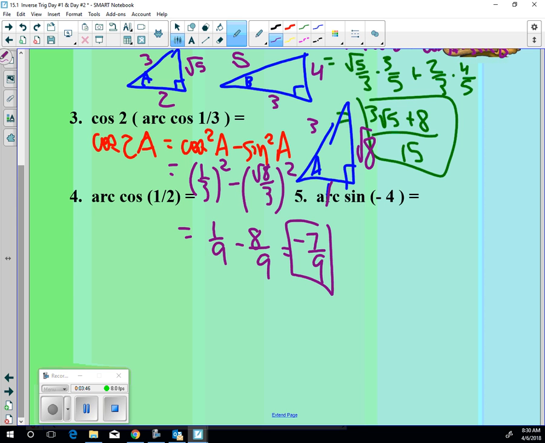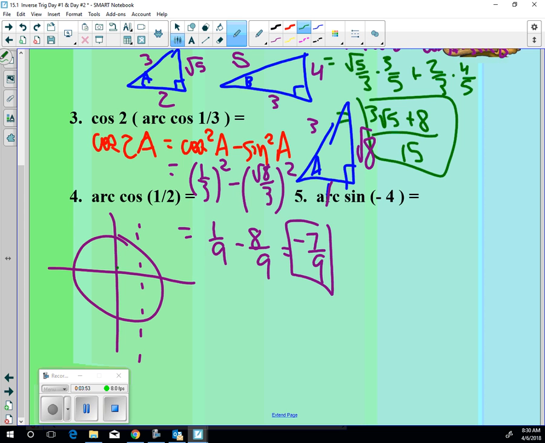Now this one, number 4, is just a unit circle question. When is the cosine equal to 1/2? Now this is what we're getting into next, is when is the ratio, what angle am I going to have where the ratio is cosine equal to 1/2? Well, this is the point. 1/2, square root of 3 over 2. This is 1/2, negative square root of 3 over 2.